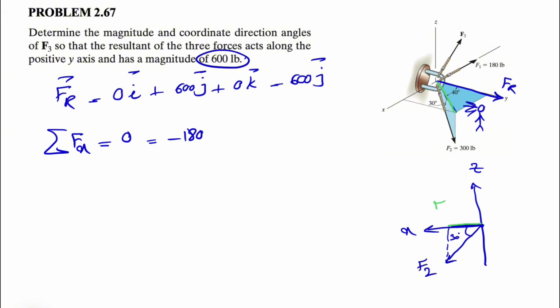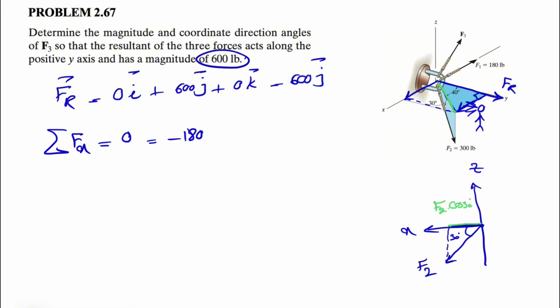If you want to find that, we basically have F2 times cosine of 30 degrees. Once we have that, we can break it down into x and y components pretty easily. If we want to find the x component, it can also be this force here.